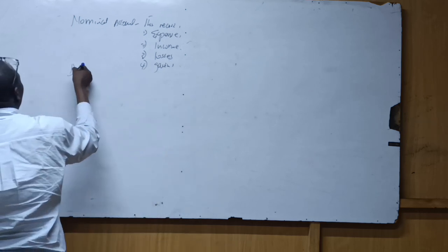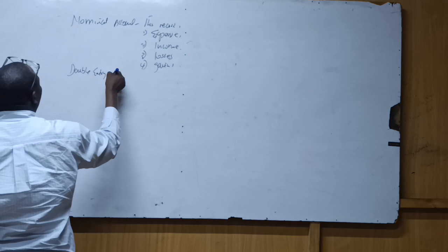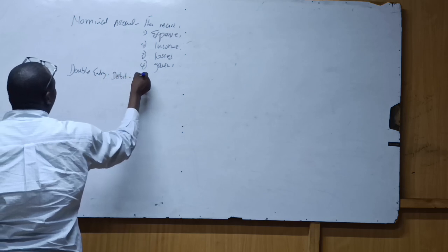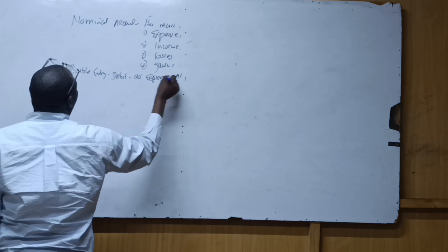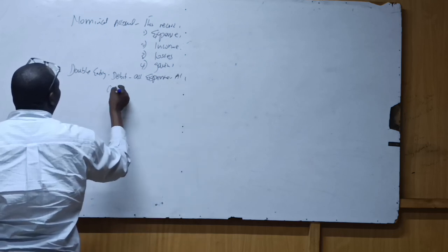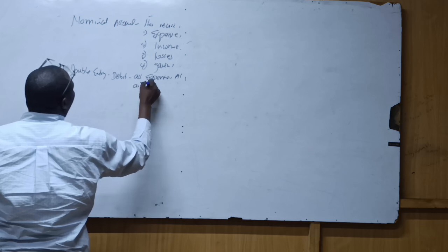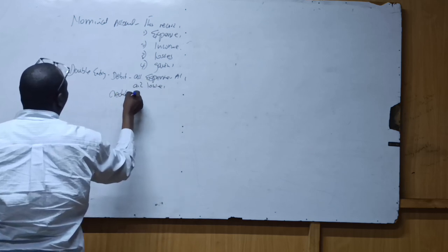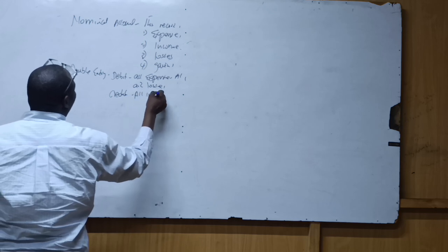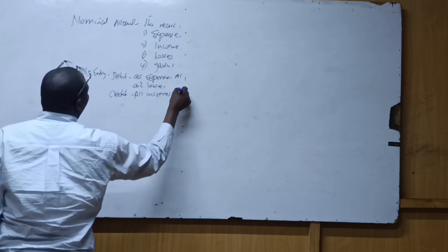So the double entry rule: debit all expense accounts and losses, and credit all income accounts and gains.